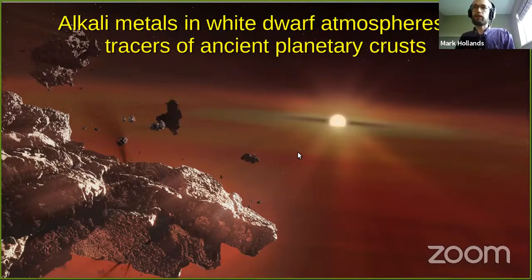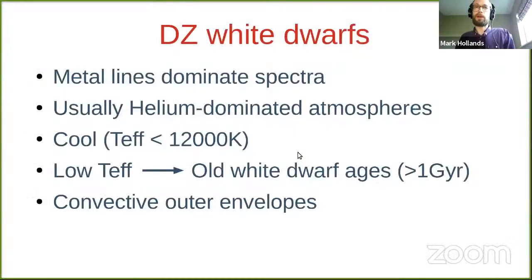And the type of white dwarf that I'll be now talking about is called a DZ white dwarf. This simply means that the dominant spectral feature is from metal lines. I've already shown one of these near the beginning of the talk, which was van Maanen's star. But usually these have helium-dominated atmospheres.